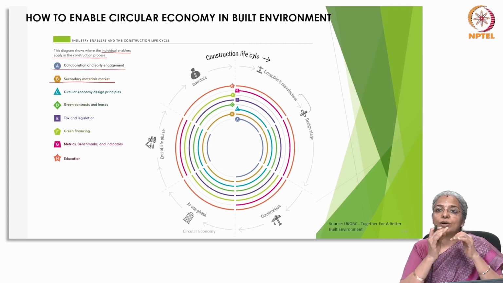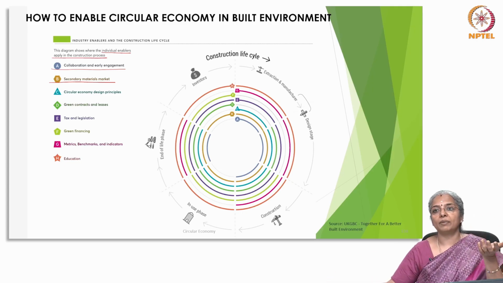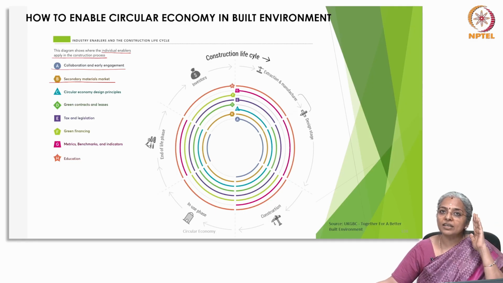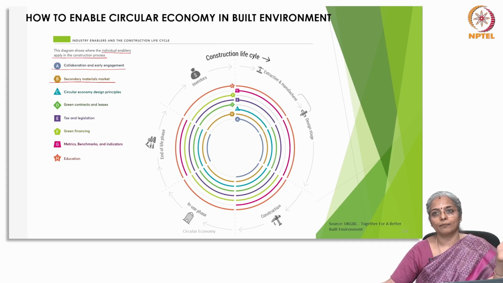So, you need to establish a marketplace for secondary construction material, because this system will enable you to cross barriers and start establishing policy and market based solutions for the built environment industry, so that we start shifting from linear economy to circular system.